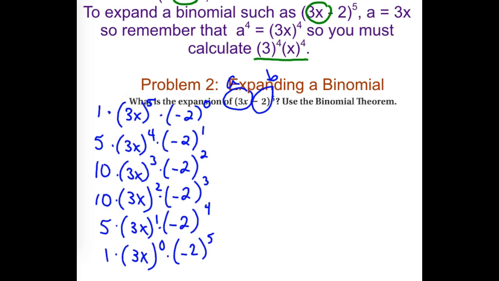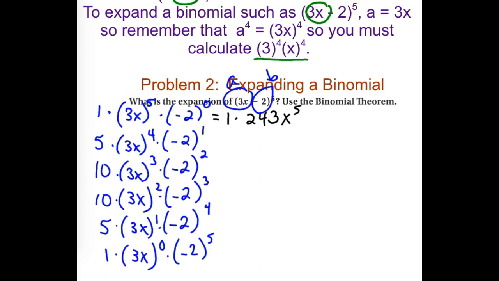All right. Now we have to just figure out what each of these rows is. It's going to be one of the pieces of my final polynomial. Okay. So my first row, I have 1. I have 3x raised to the 5th power. What is 3 to the 5th power? Use your calculator if you don't know. 3 to the 5th, 243.